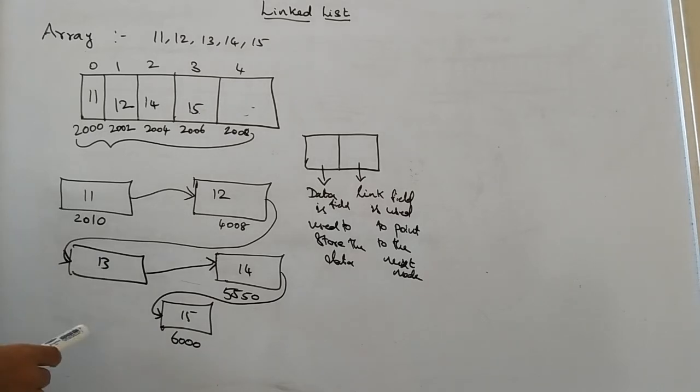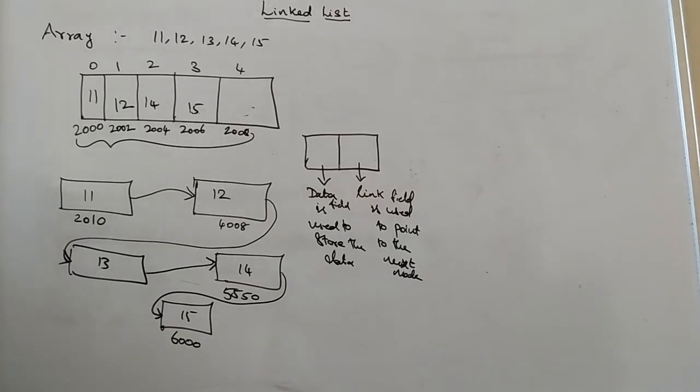So we can conclude, if you are going to make use of a list of elements which has to be stored in consecutive memory locations, by that time you can prefer an array.